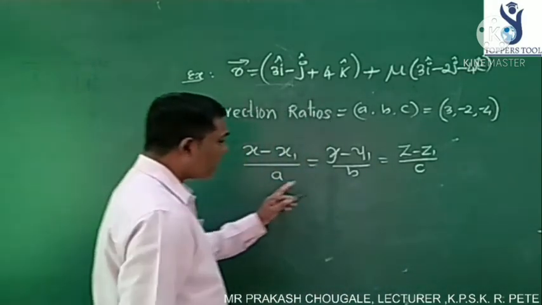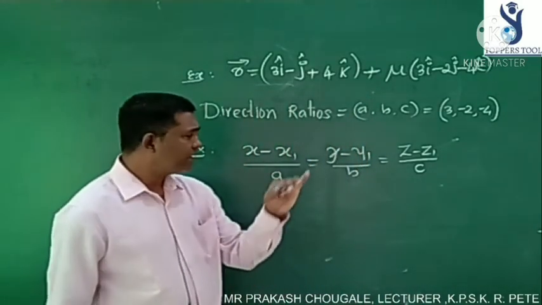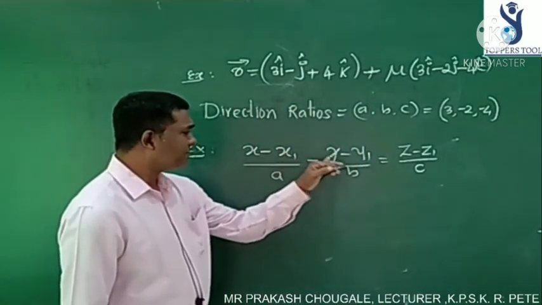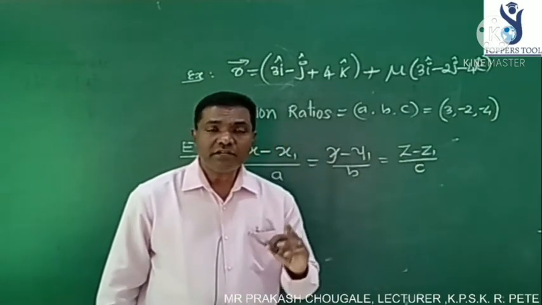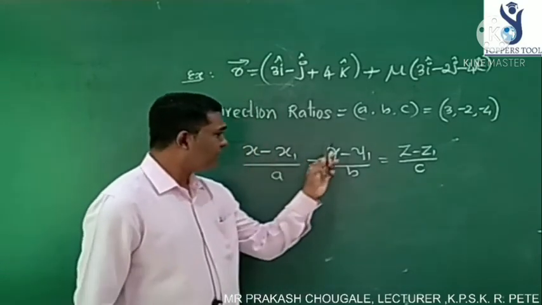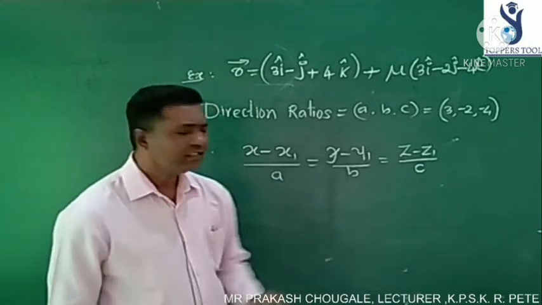Now in order to identify direction ratios, you must confirm that the given equation is in the form x minus x1, y minus y1, z minus z1. That means the coefficients of x, y, z must always be 1 in order to decide direction ratios.